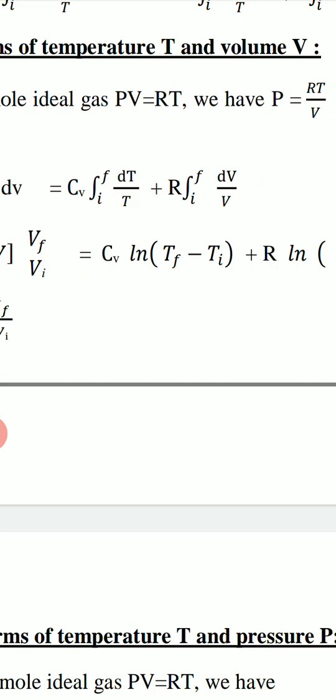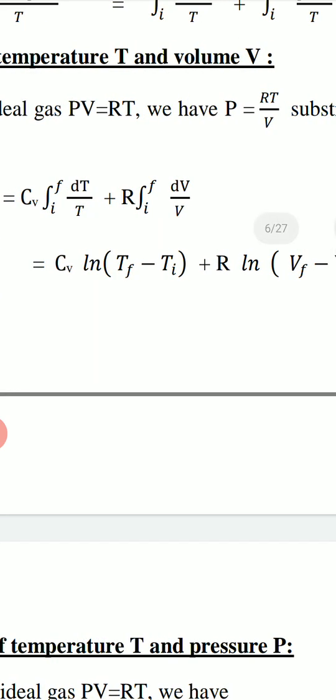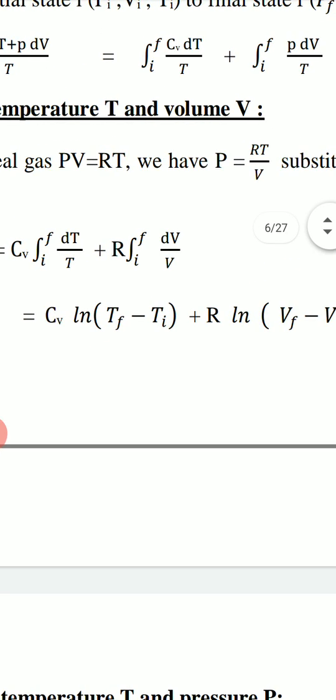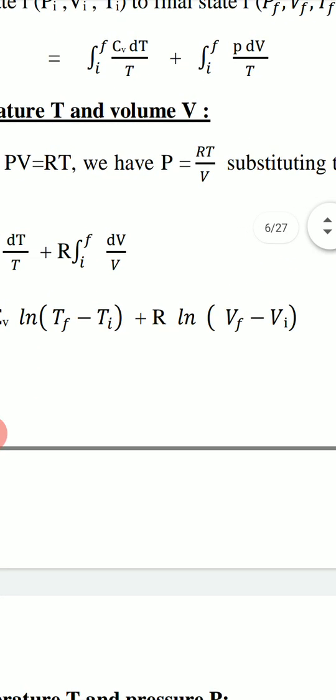For n mole we have PV equal to nRT. Here we consider 1 mole ideal gas, then we have PV equal to RT. By using this equation we can eliminate P and find expression for change in entropy in terms of T and V. From this relation we have P equal to RT upon V. Substitute this value of P in this relation.